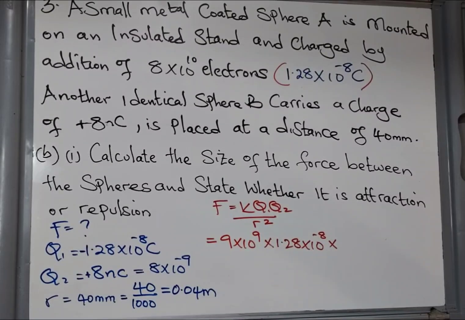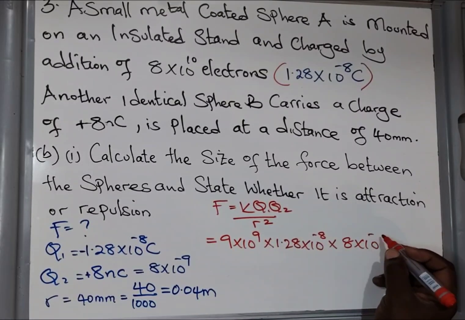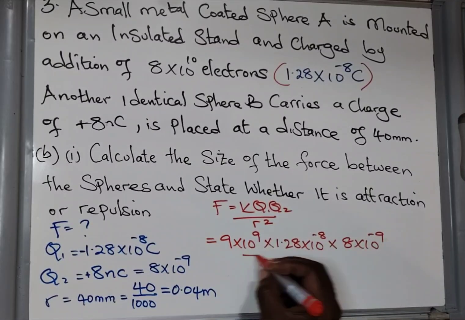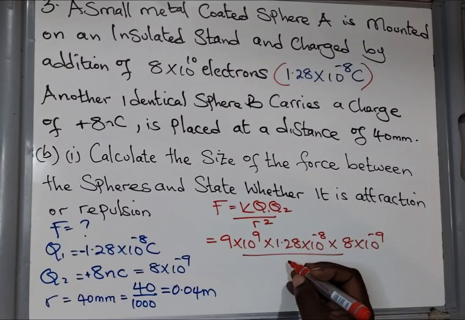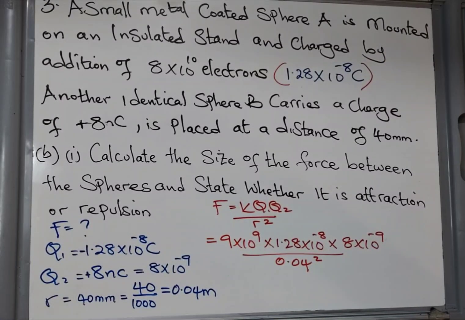We put it here: 8 times 10 power minus 9, divided by our distance, which is 0.04 squared. Okay, that's what we have. And what are we supposed to do next? To press the calculator and get the answer. So that is what we have.